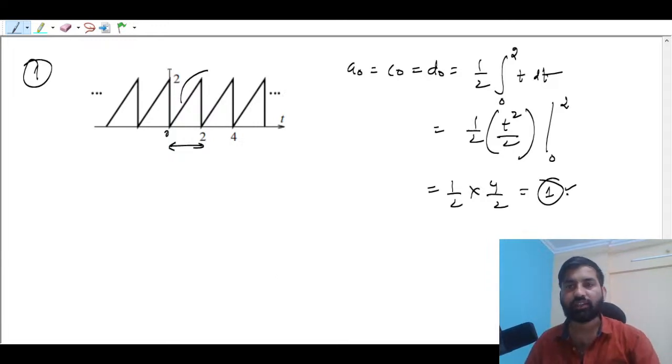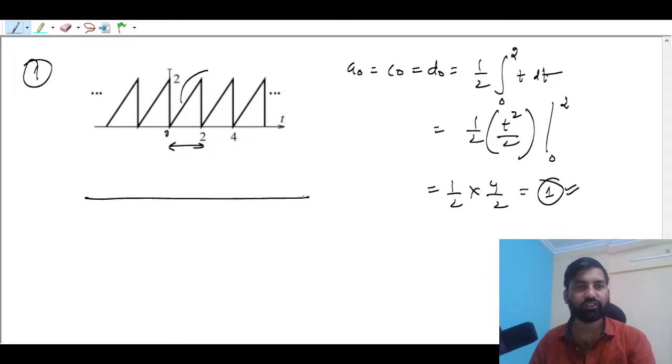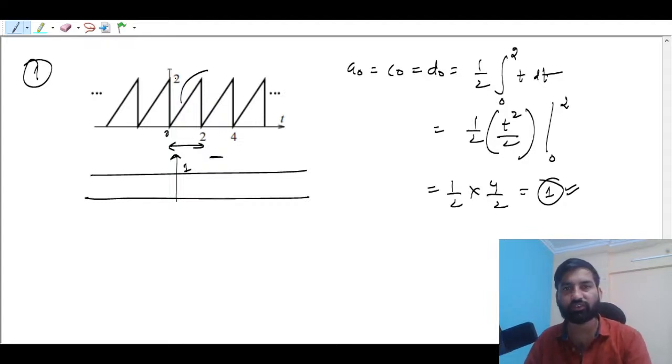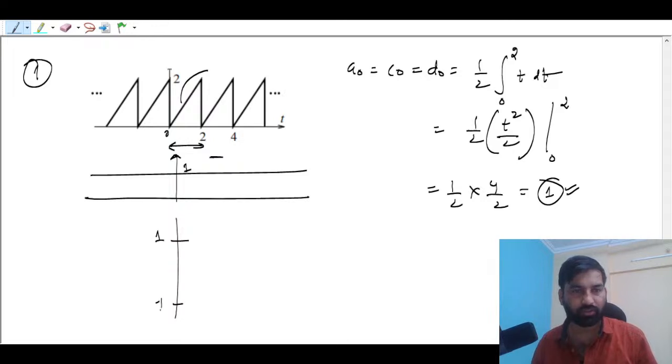What you have to do here is subtract 1 from this. This is 2, so now it will become 1. So your signal is going to be from 1 to minus 1, and now it is passing through 0.